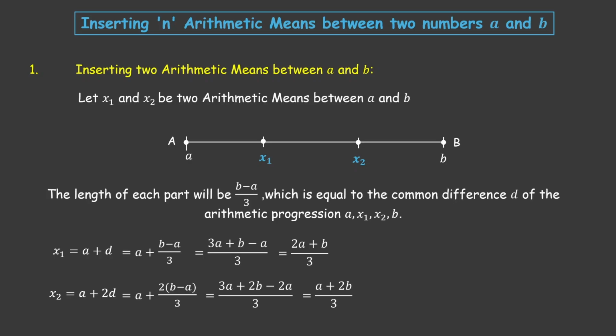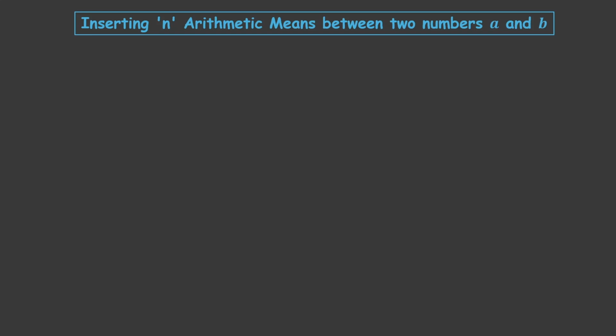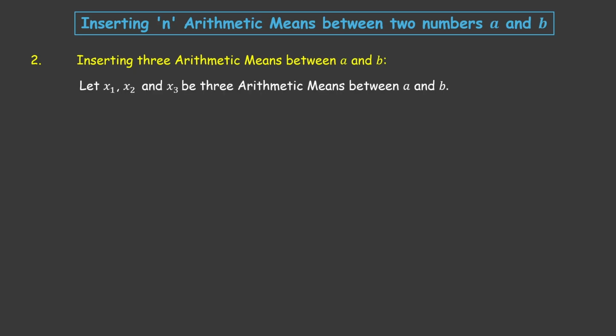Now let us try and find out how we can insert three arithmetic means between two numbers a and b. In this case, let x1, x2 and x3 be the three arithmetic means. Now, let us look at the line segment AB here. Here, a, x1, x2, x3 and b are 5 quantities in an AP. To find x1, x2, x3, it is necessary to divide the line segment into 4 equal parts, right?